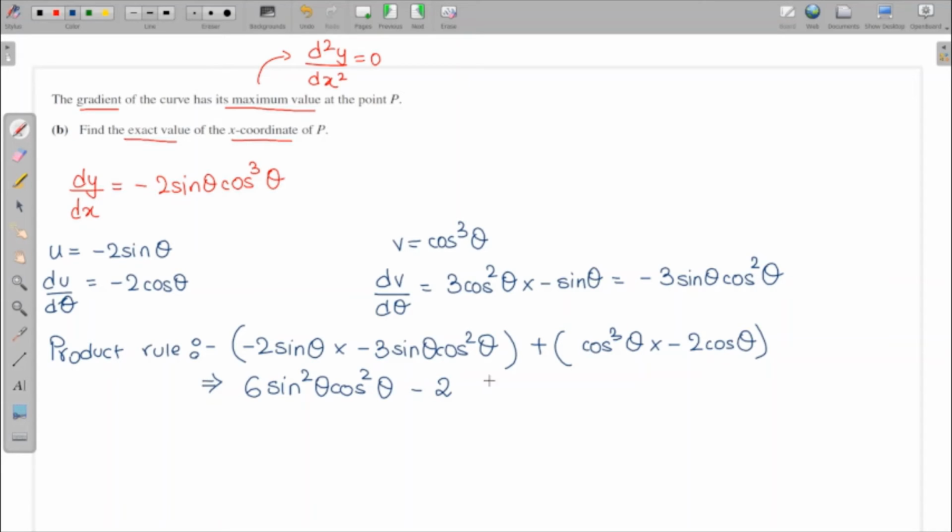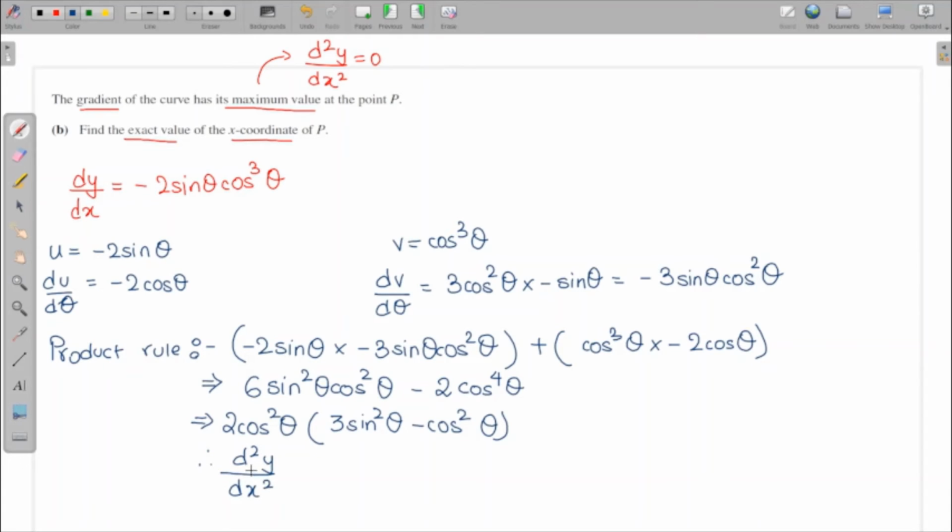So this will be minus 2 cos to the power 4 theta. So from here I can take 2 cos square theta common. In brackets I'm going to have 3 sine square theta minus cos square theta. So this is the expression for the second derivative.